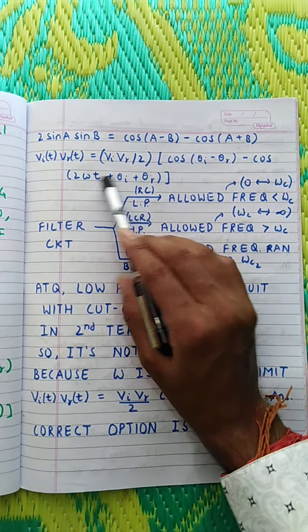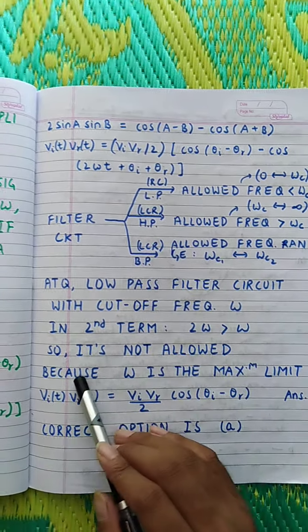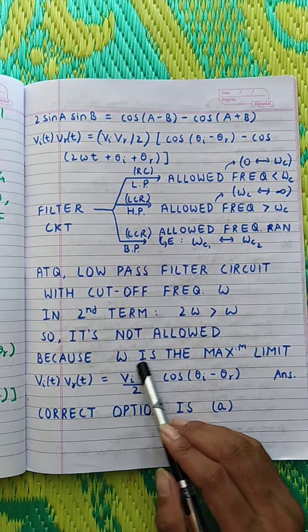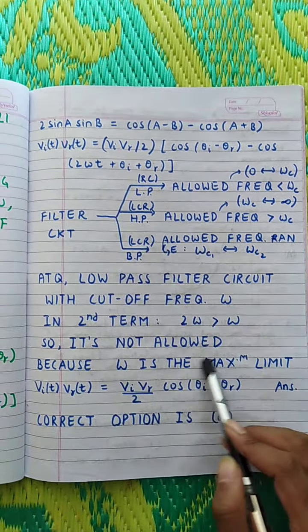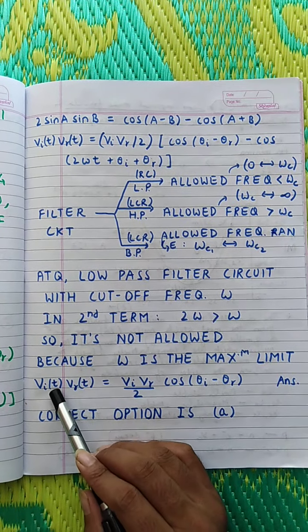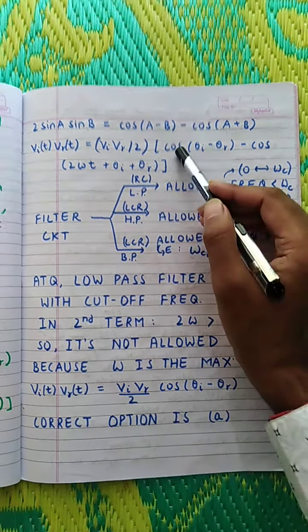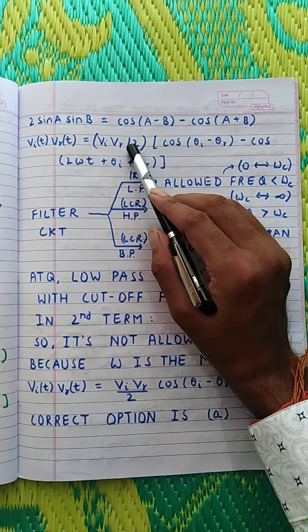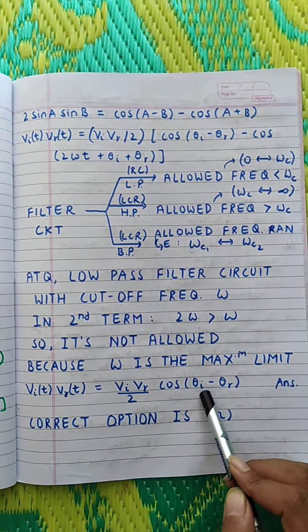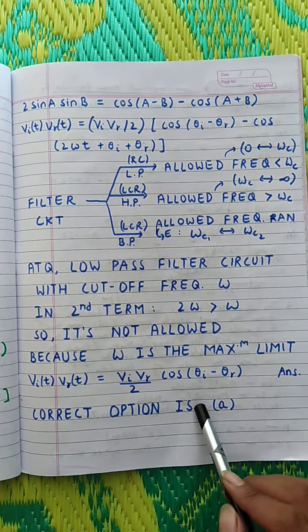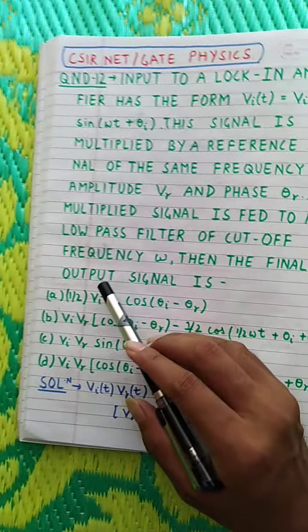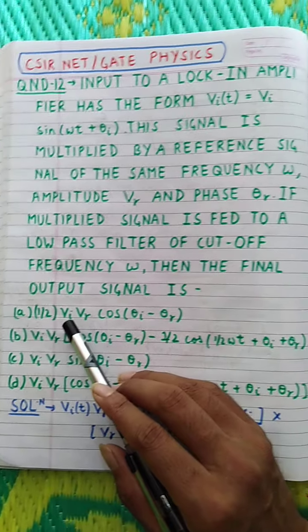And so V_i(t) into V_r(t) simplifies to just V_i V_r by 2 cos(theta_i minus theta_r). This will be our required answer. So the correct option is A.